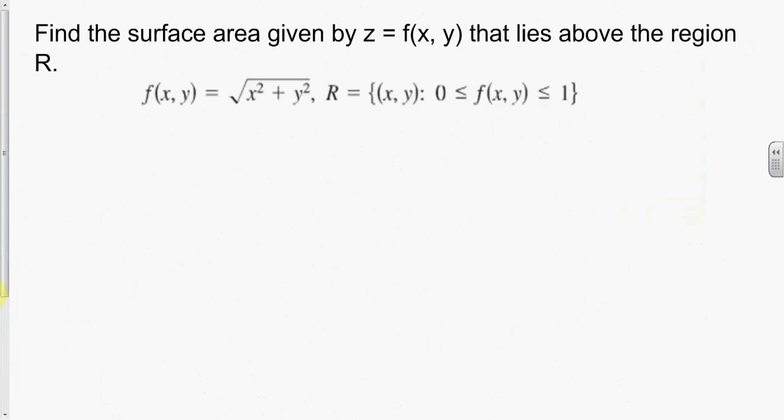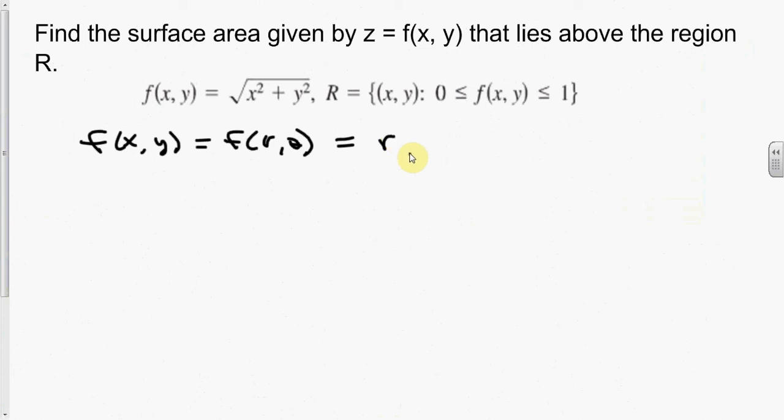Oh, let me define this for you. See if I can help you out on this one. I'm sorry. This is f of r theta. I'm going to convert this function f to polar coordinates as well. This is just r.